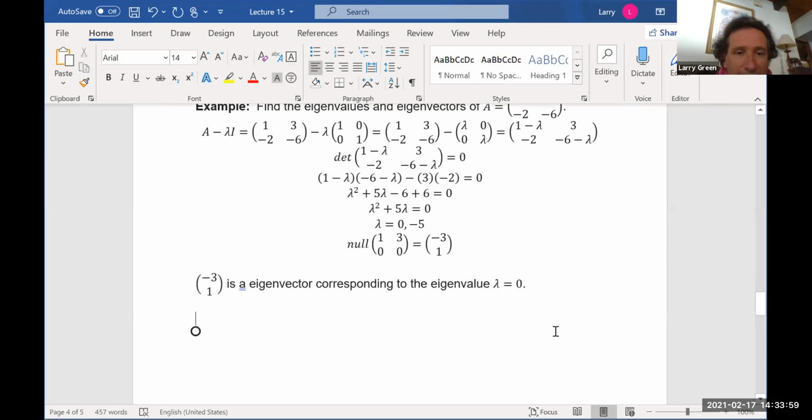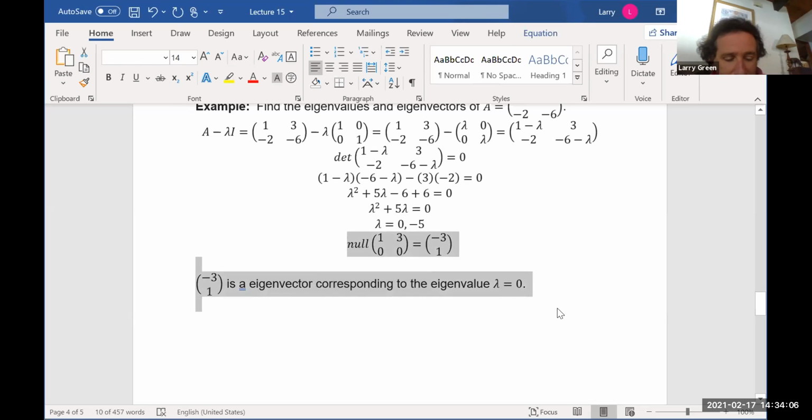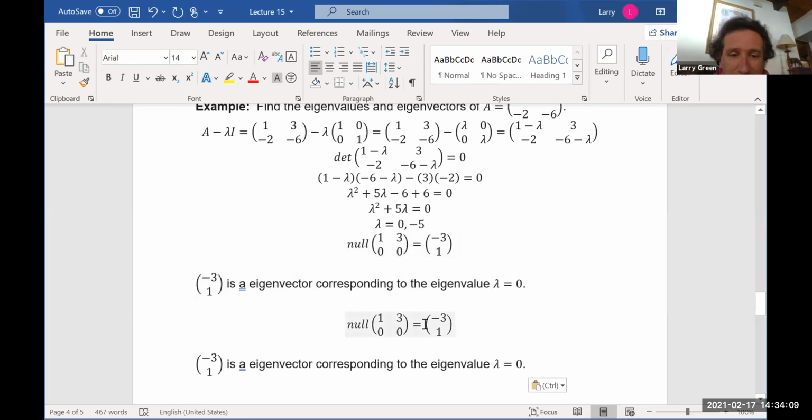Now let's get the second one, for lambda equals -5. I'm going to literally copy and paste and change what I need to change. So now if lambda equals -5, then 1 minus -5 is 6, and then 3. And when you RREF, you get 0 and 0 again.